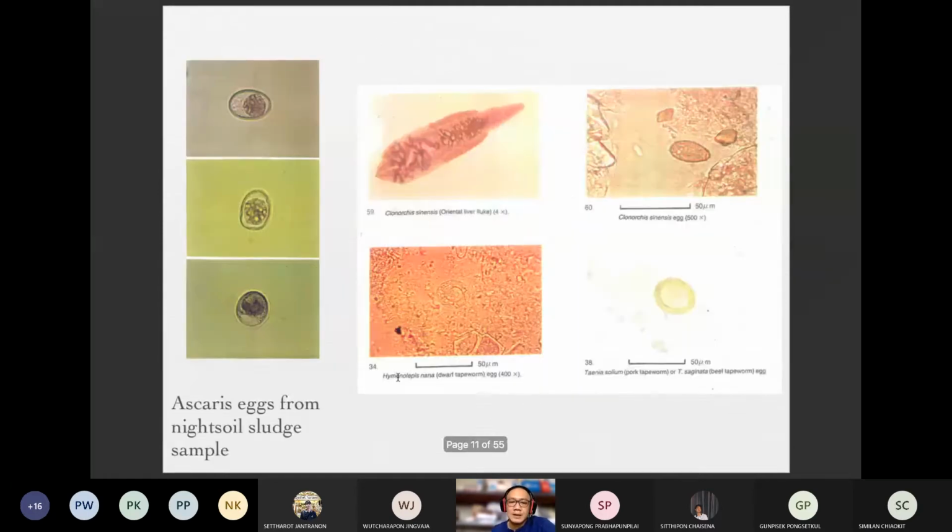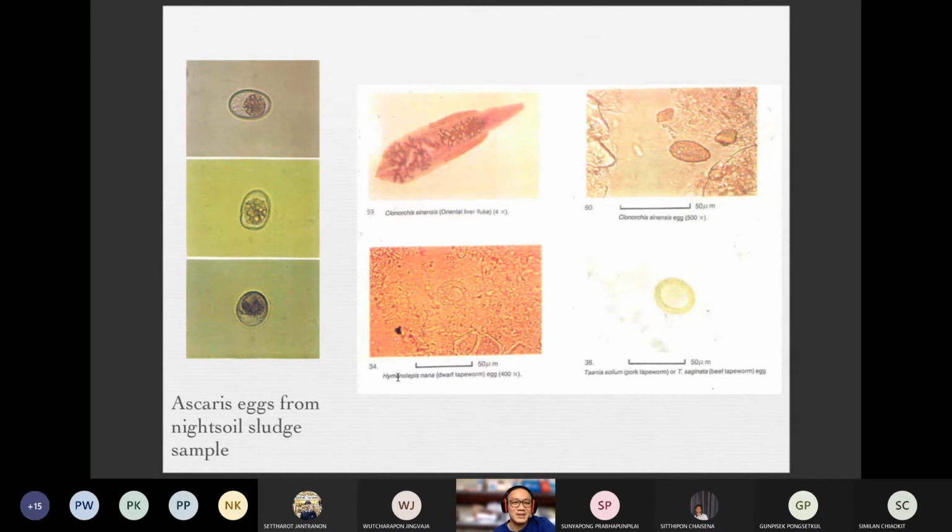Okay. So these are photographs of Ascarid eggs. Ascarids are also helminths. The eggs can be easily found in night soil sludge samples. So again, what is night soil?